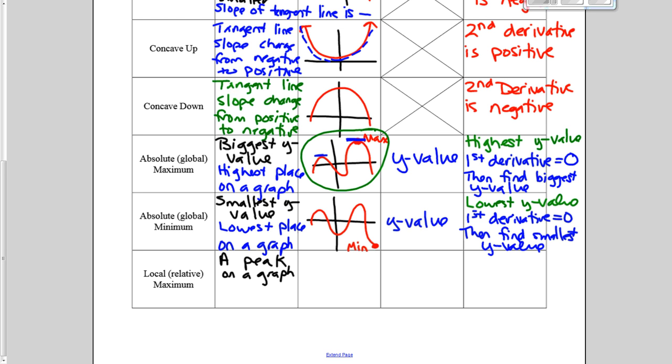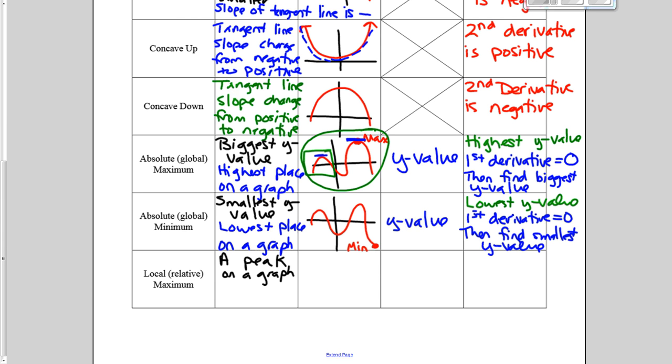Now I'm going to write down in the bottom what it actually means in terms of a derivative. If you look at a peak, then we have concavity here, and I'm going to put a little box around what I'm talking about. The concavity of this is concave down, and we know that this is concave down because the tangent lines are changing from having a positive slope to a negative slope.